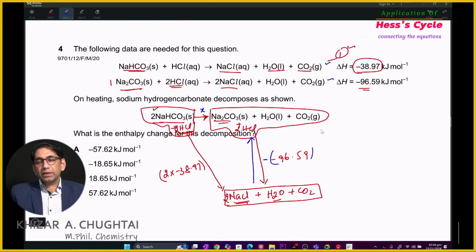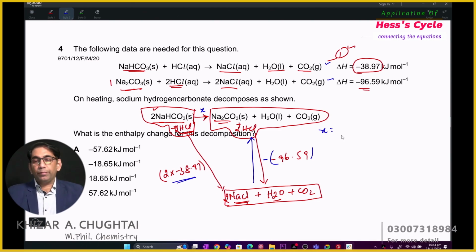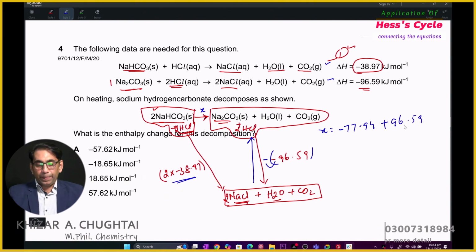So what is the answer? x will be equal to 2 into 38.97, and the answer is 77.94, and minus, it's a minus, sorry, and this will be minus, plus, it will be 96.59.